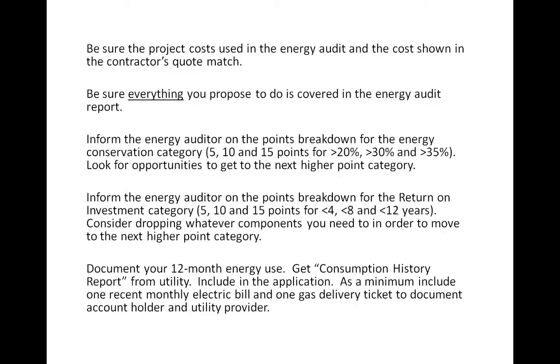If it's a 19.9 or 29.9 or 28 or 27 or 34, if you're just below a category break, get back with the energy auditor and see if there are some other items you can add or something you can do to try to get over the hump to get that extra 5, 10, or 15 points. And when it boils down to it, really, in the last couple of years, if you do not have 35% energy savings or greater, your chance of getting funded are very, very slim.